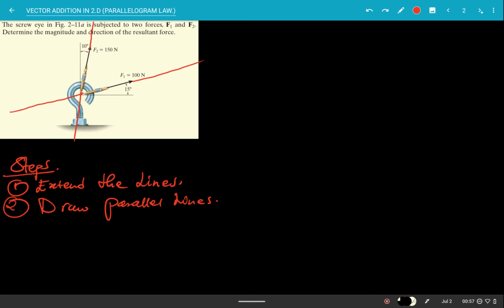Either way you want, you can draw it at that point, or at a different point like that, or at the top, provided that the one you have drawn is parallel to F1. That's the key. So I have drawn my parallel line of F1 touching F2 like this.